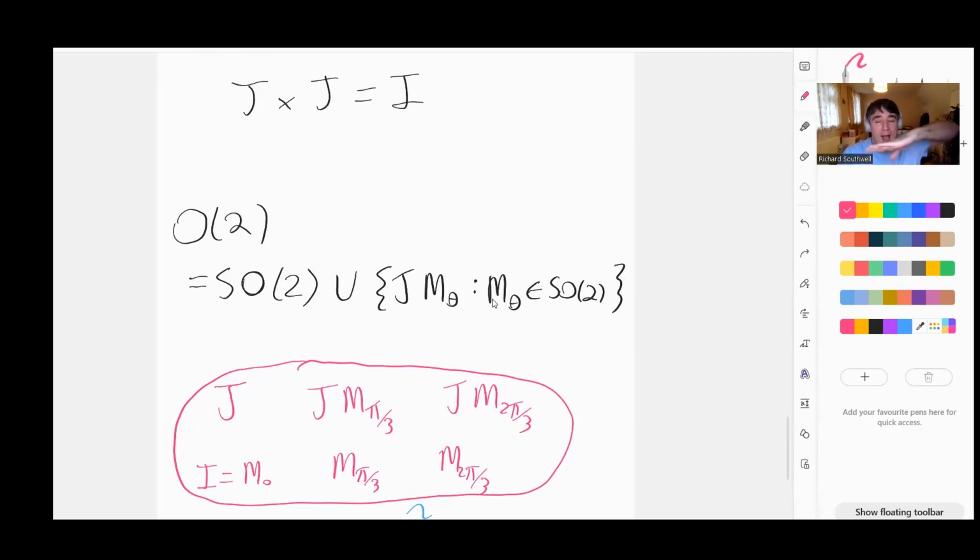So basically what we have is all of the different rotation operations and all of the things that we can get by doing a rotation and then flipping our thing upside down, if you like.